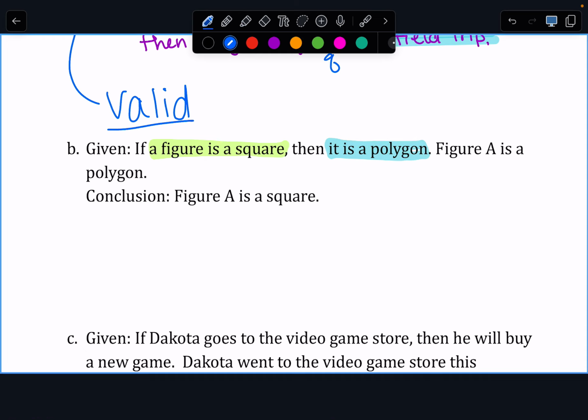Figure A is a polygon. Can we conclude, oh, what, why? It's not, all polygons are not squares. Okay, other than that, using the law of detachment, why did Philly go, meh? Because Philly's weird like that. Because he's theatrical.